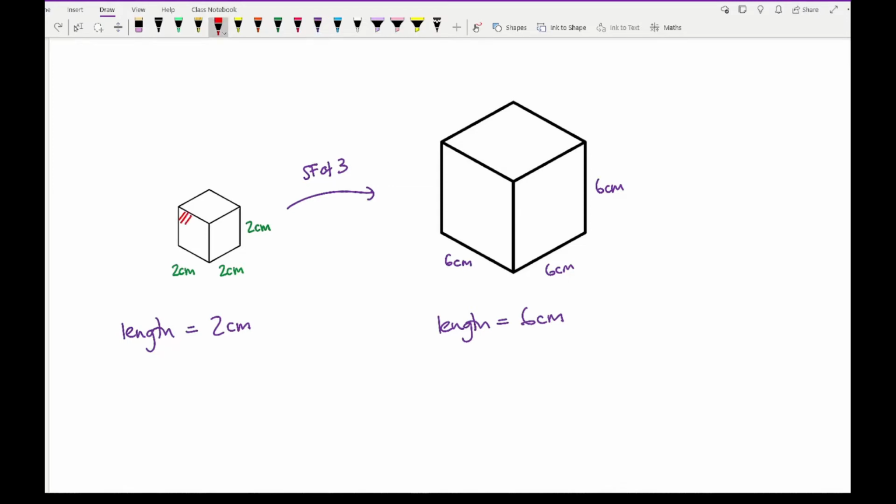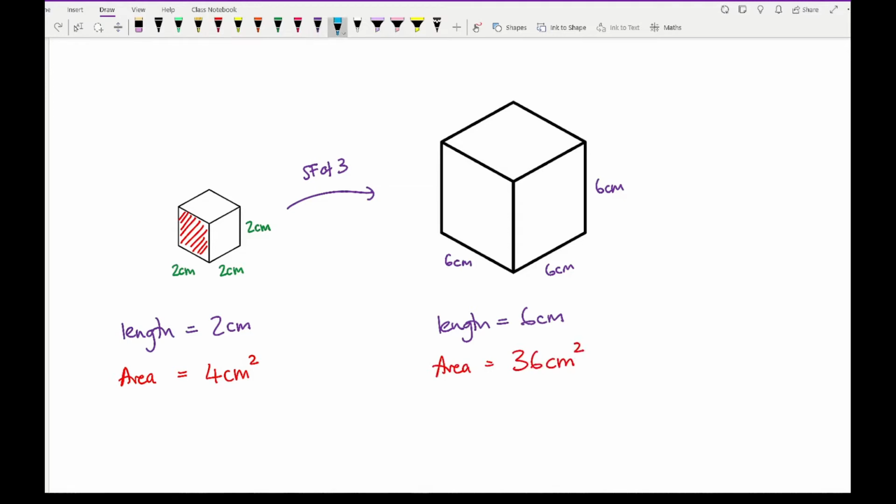So if we then look at the area, the area of that square is going to be 2 times 2, which is 4 centimeters squared, and the area for this is going to be 6 times 6, which is 36 centimeters squared.